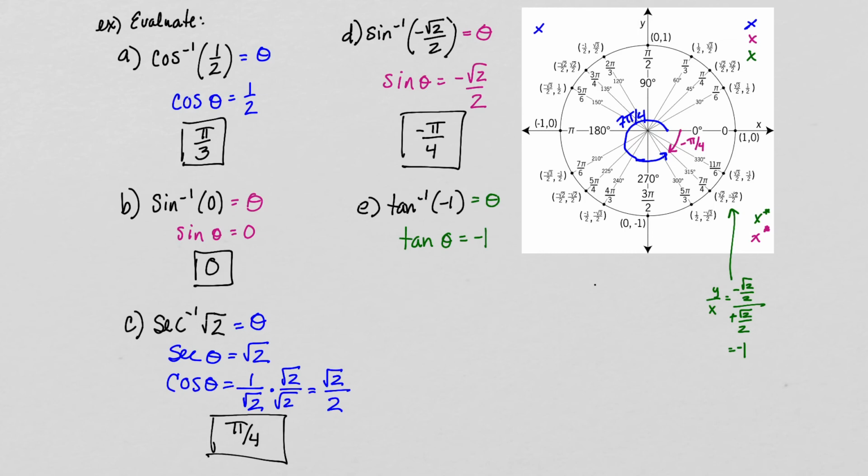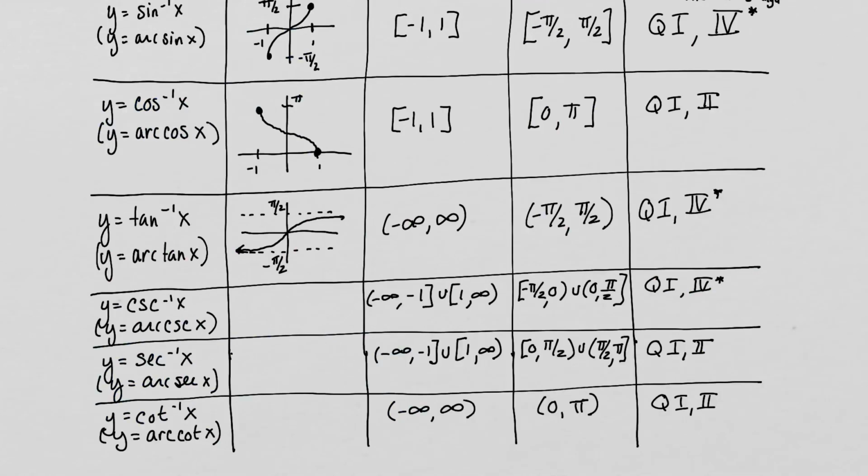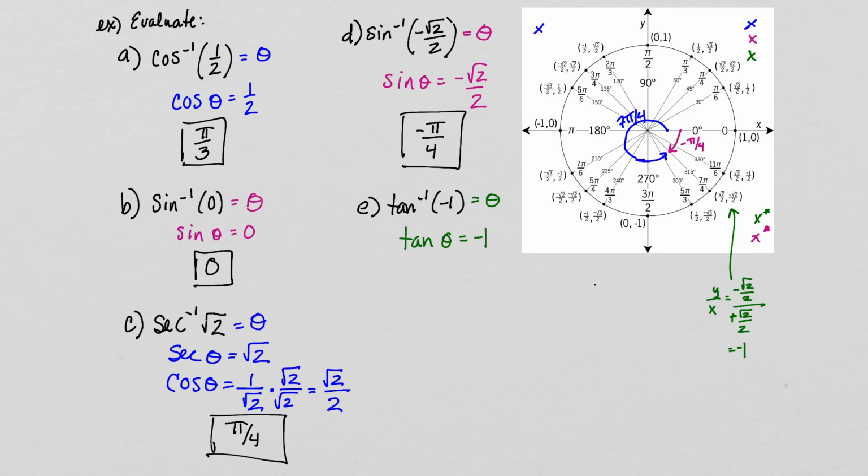Inverse cosine, inverse cotangent, inverse secant, we're looking in quadrants 1 and 2. So that's why I put this chart on this last page. This chart shows you exactly where you're looking depending on which function you're dealing with. Does that help?